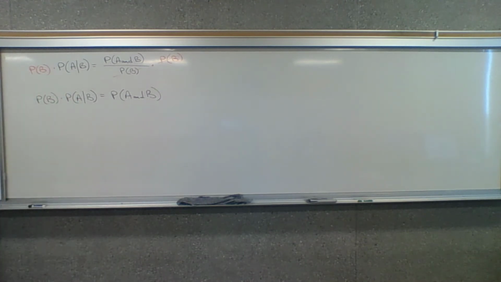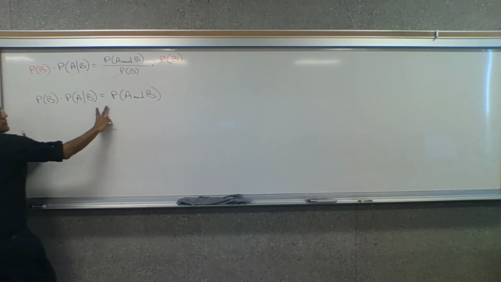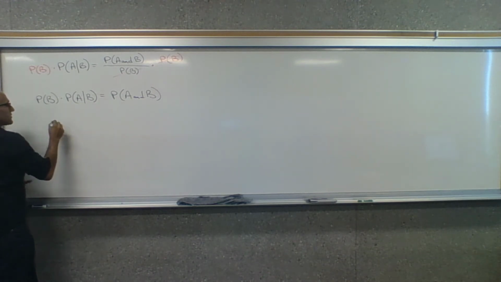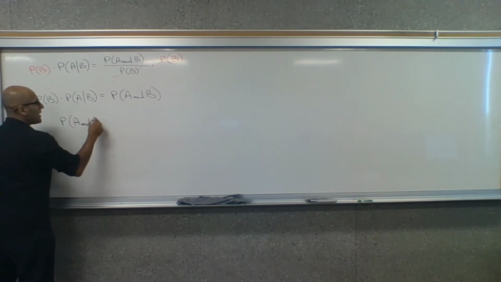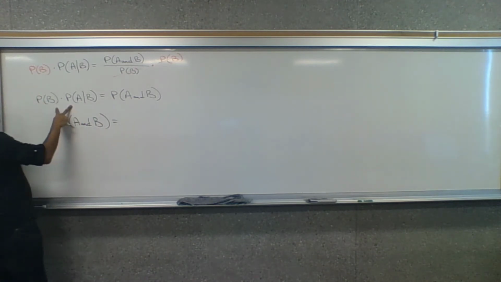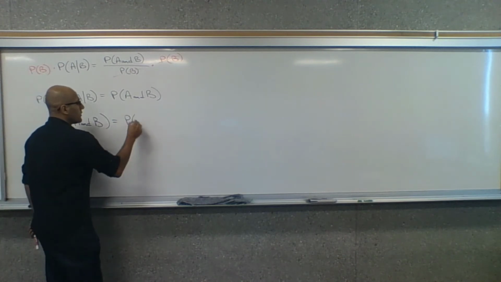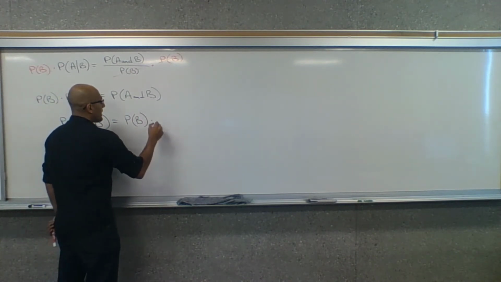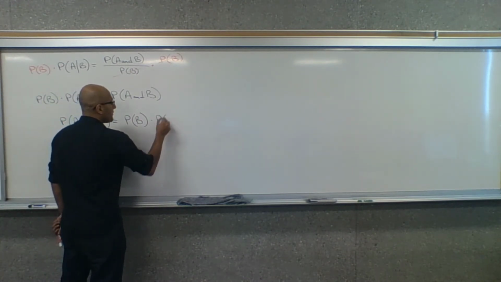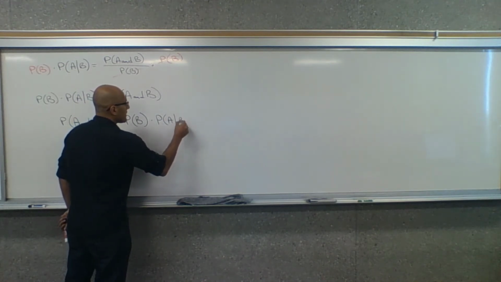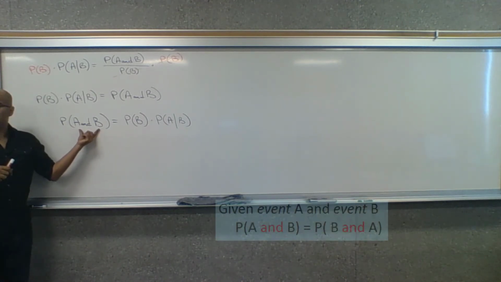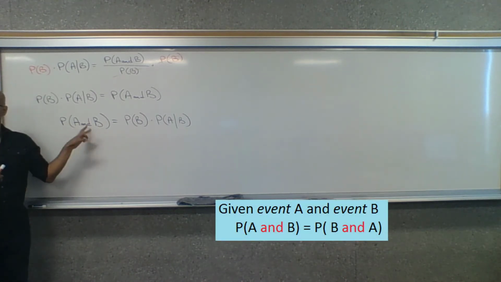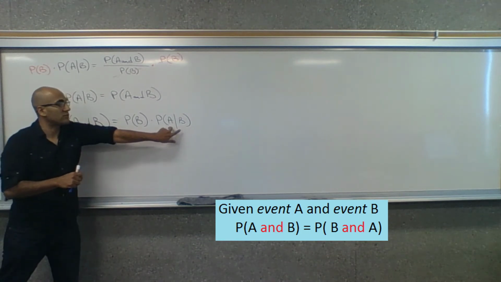Good? And then we just flip this guy around. It's sort of customary to write it this way. A and B is equal to this multiplication in this order. Probability of B times the probability of A given B. Good. Remember I said before that when we have an and statement, you can flip those around. That's okay. You just can't flip these things around.